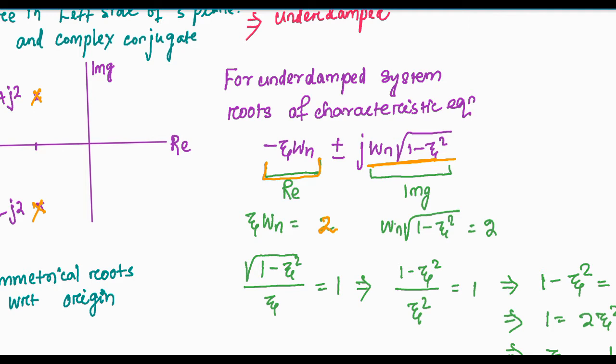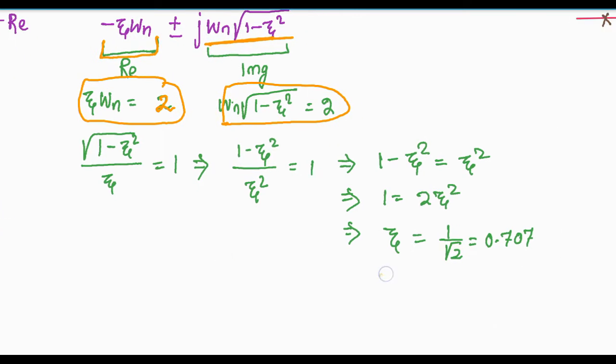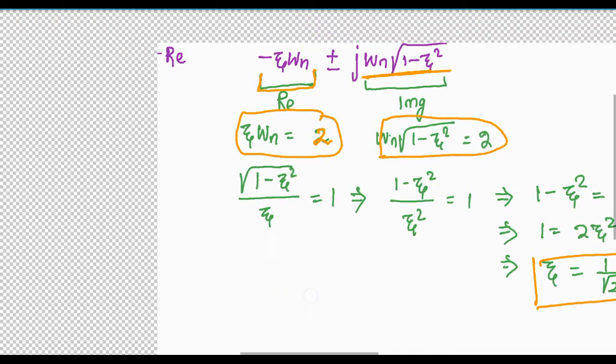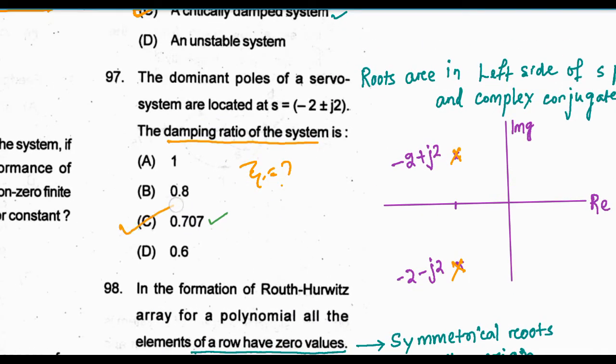And here what we will find, if we divide this by this, so what we will get, root of 1 minus zeta square by zeta is equal to 1, and if I take square of both the sides, 1 minus zeta square by zeta square is equal to 1, and what we are getting, zeta is equal to 1 by root 2, and this is equal to 0.707. So here the answer will be 0.707.